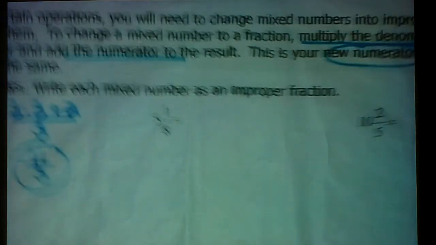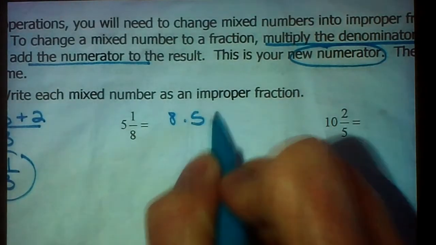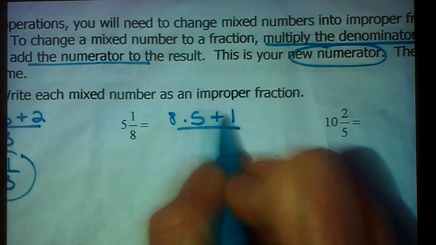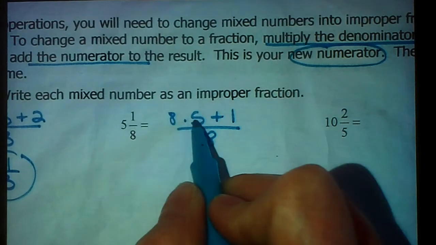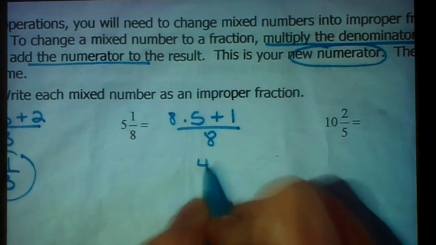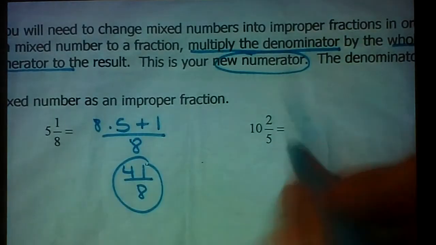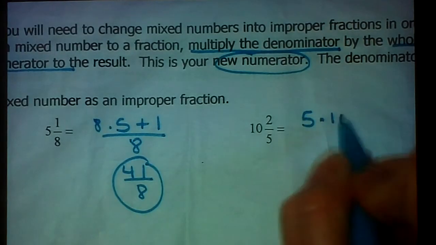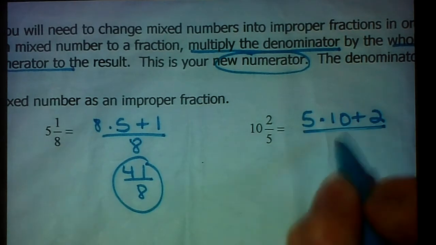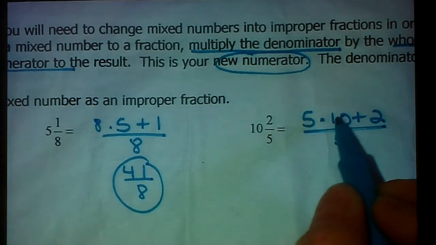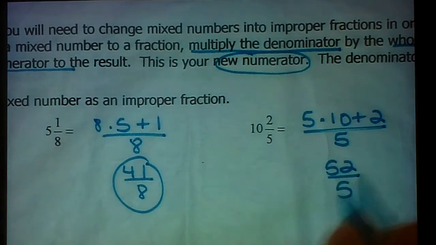The next one, 5 1/8: 8 times 5 is 40, 40 plus 1 is 41, keep your denominator, so 41/8. And the last one, I take my denominator times the whole number plus the numerator, and that goes over the original denominator. 5 times 10 is 50, 50 plus 2 is 52, and keep your denominator the same.